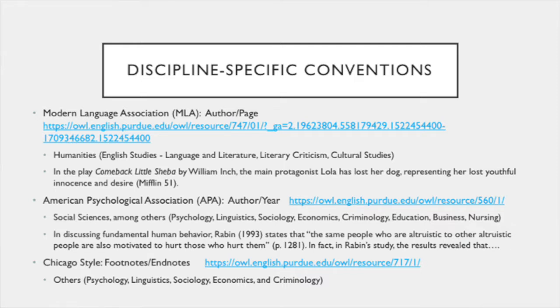In the social sciences, such as psychology, linguistics, sociology, economics, criminology, education, sometimes business and nursing as well, APA style is frequently used, and APA refers to the American Psychological Association. Here, instead of author page, author year is used.